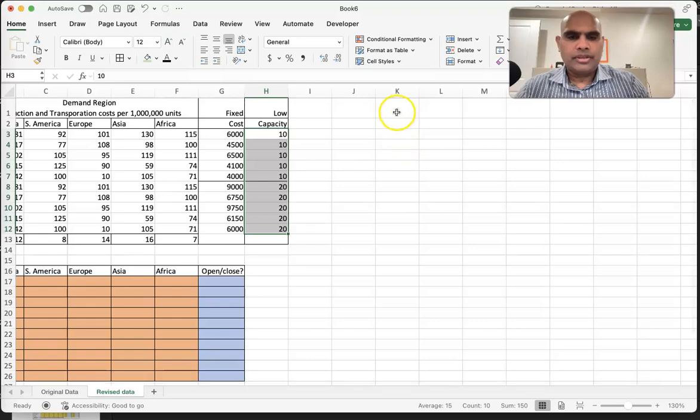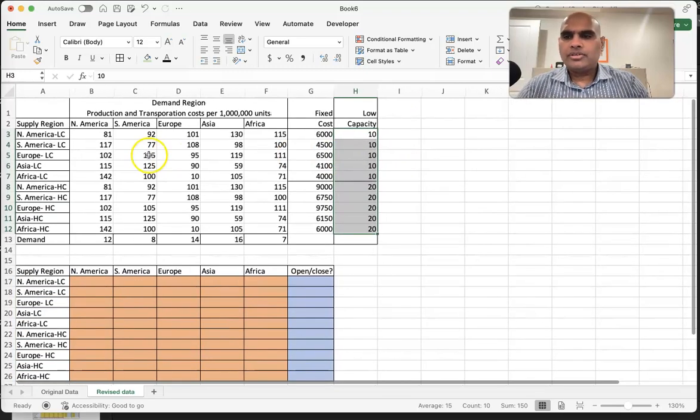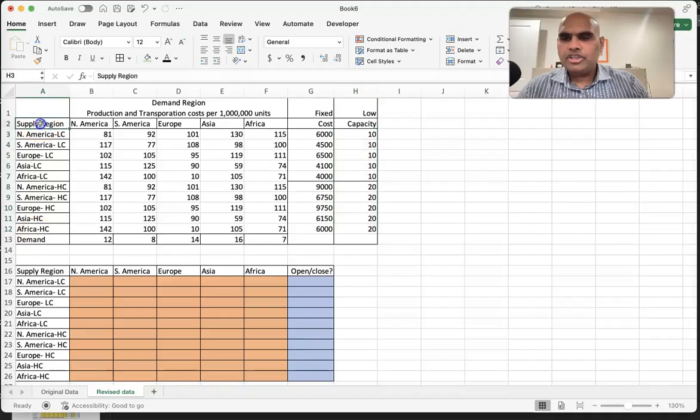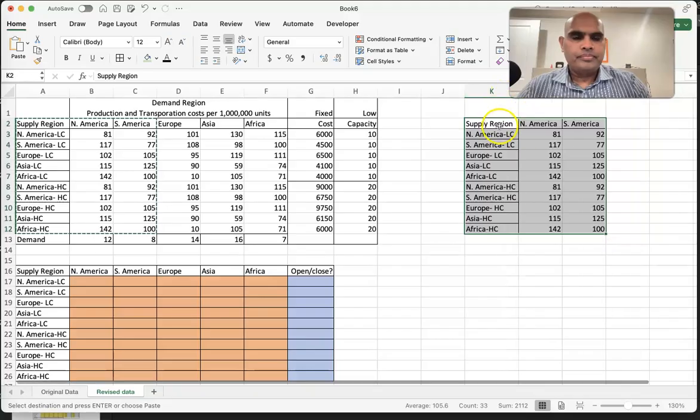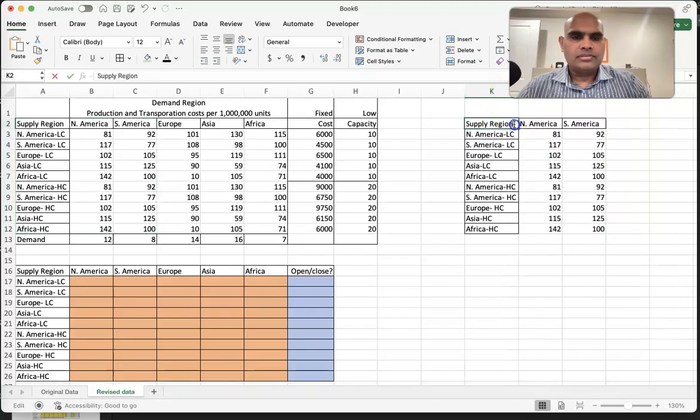So I'm going to say supply constraint. Because I'm doing supply constraints, I'm going to write one constraint for each of these supply regions. I'm just going to copy that out to make my life easy a little bit. I'm going to put it right there. I'm going to call this supply constraints. Spell it correctly, hopefully.